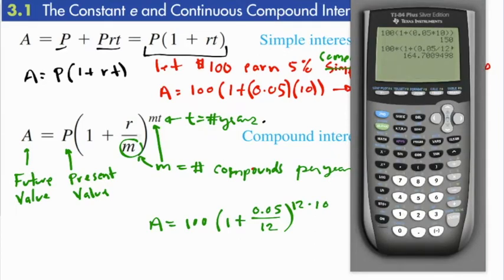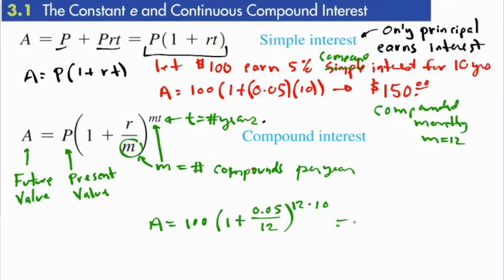And we see that the same $100 investment now matures to be $164.70. So it's the same 10 years, and we saw a $14.70 increase in what the money earned because the interest each month was earning interest.